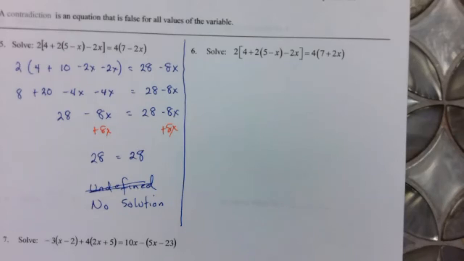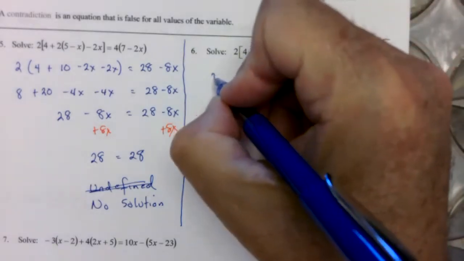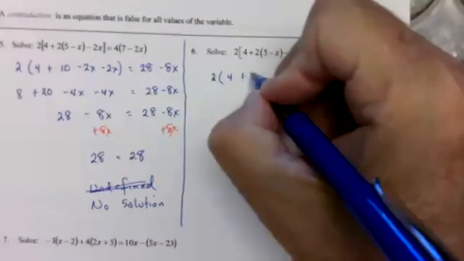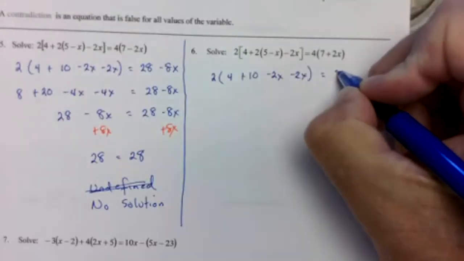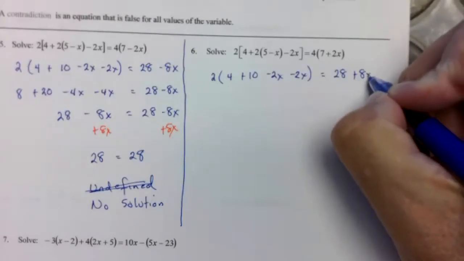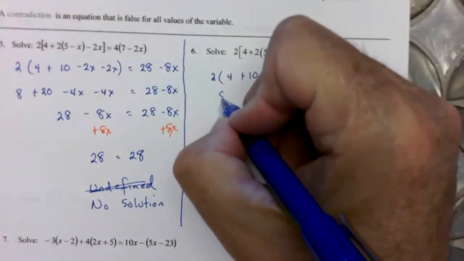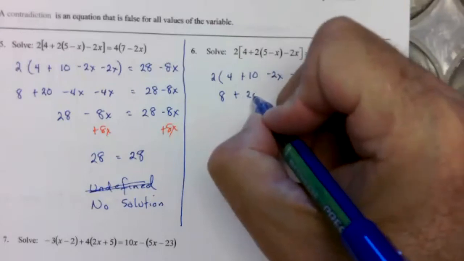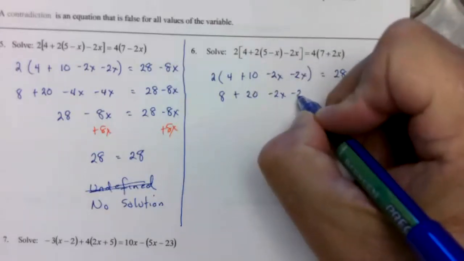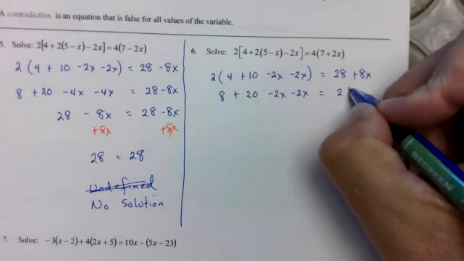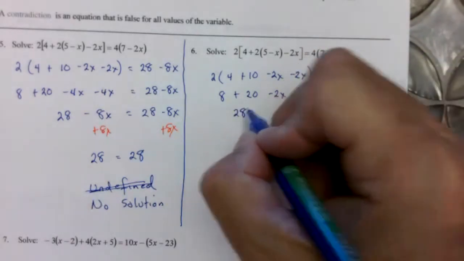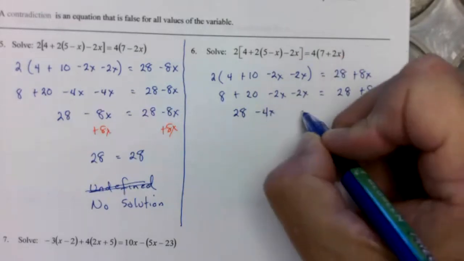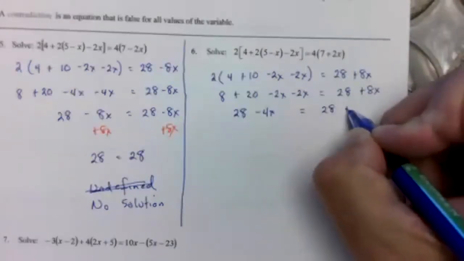6 is looking an awful lot like 5 did. Distribute that 2. 28 minus 4x equals 28 plus 8x.